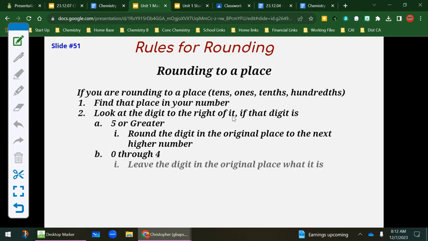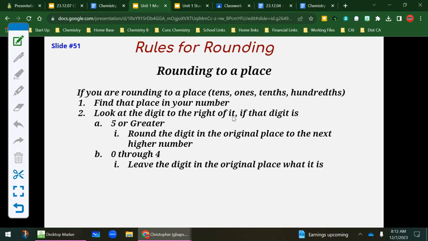We leave it. Now, I will tell you this. That's not right for science. We're not going to get that specific, but technically in chemistry, if your number comes out to be 5, you have to go one more digit.